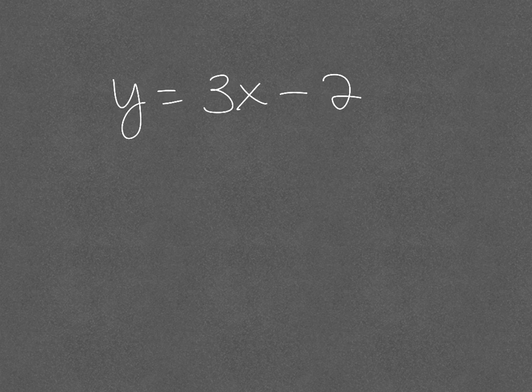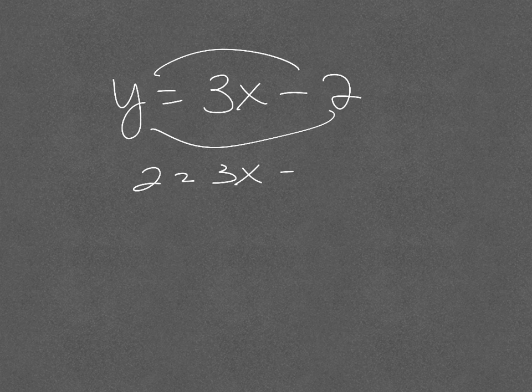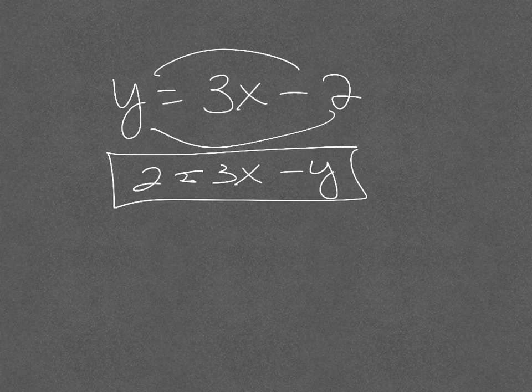We'll do one more. Let's say that y equals 3x minus 2. I'm going to swap sides, and I'm going to have 2 equals 3x minus y. That would be it.